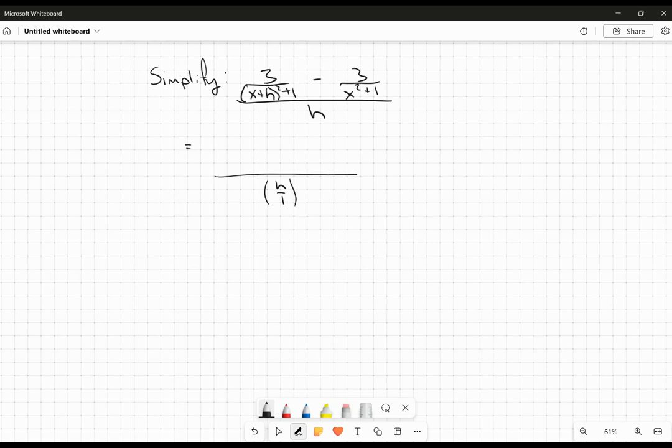To combine the two fractions in the numerator, I need a common denominator. And (x plus h) squared plus 1 and x squared plus 1 do not obviously have any factors in common.